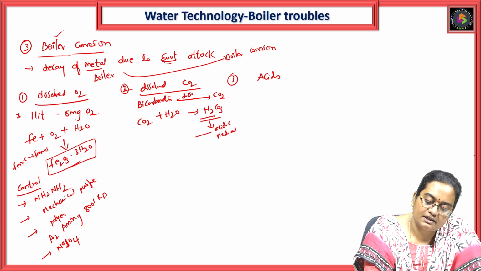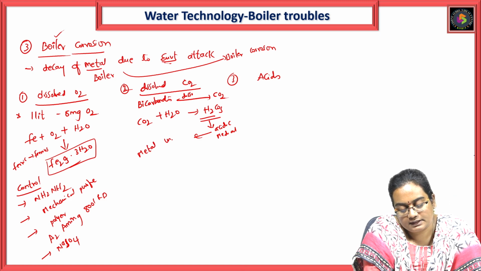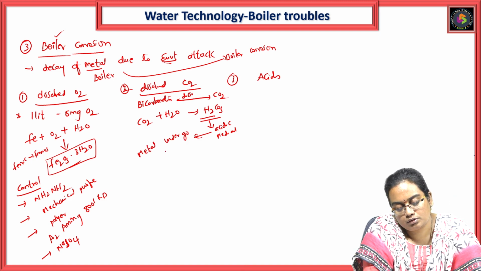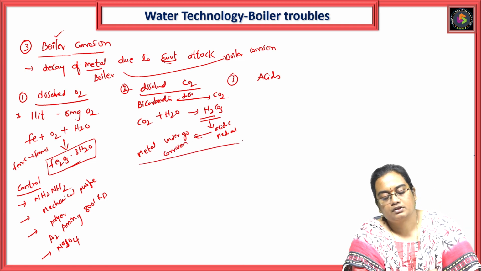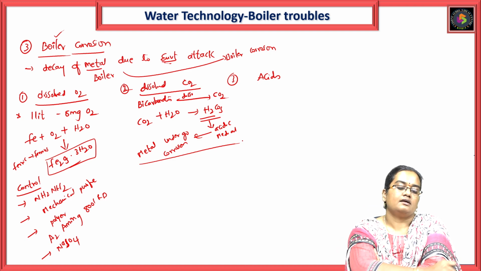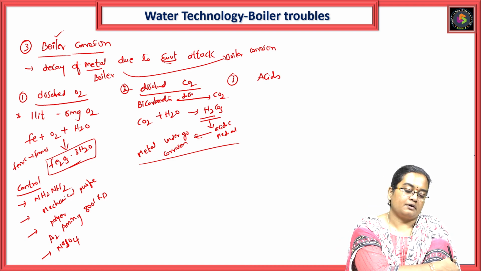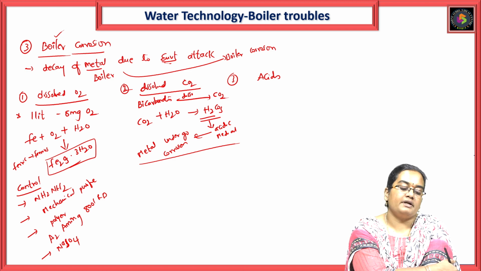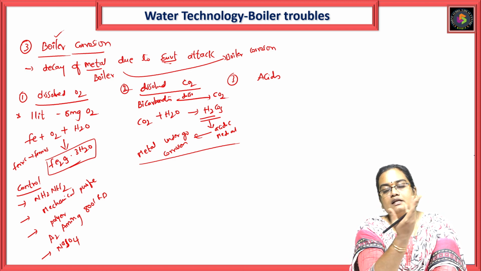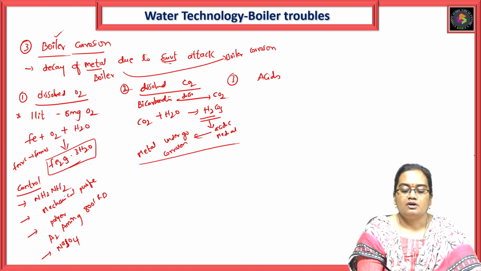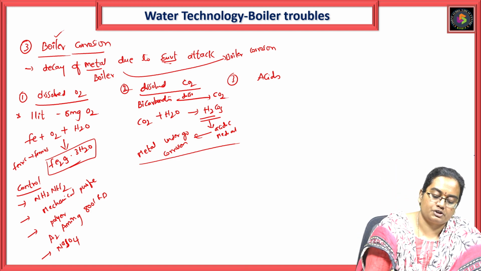Due to this acidic media, metal undergoes corrosion. So the presence of carbon dioxide also causes boiler corrosion. In acidic media, metal generally undergoes corrosion, due to which we face the boiler corrosion problem.